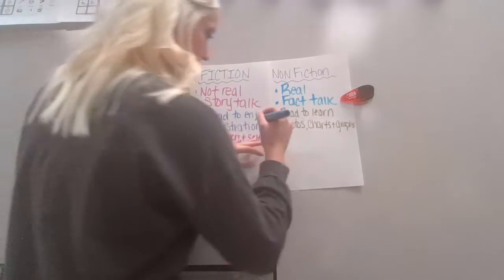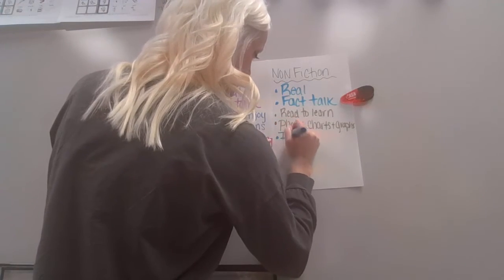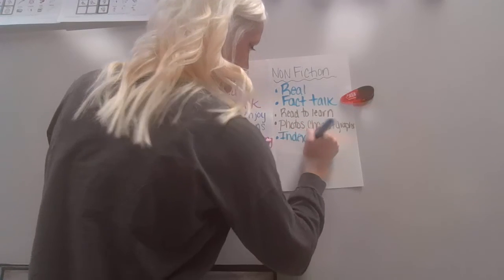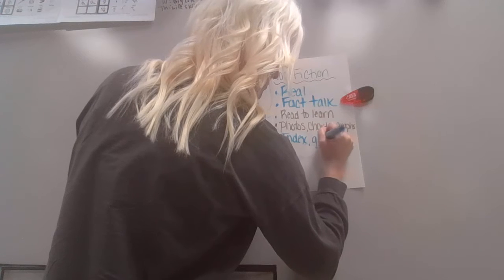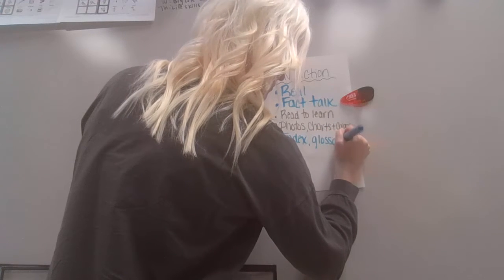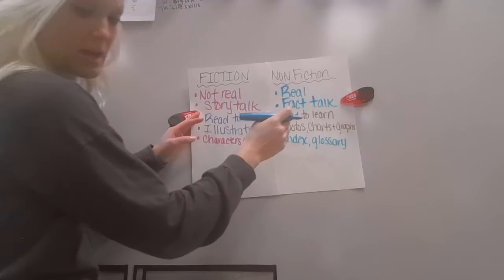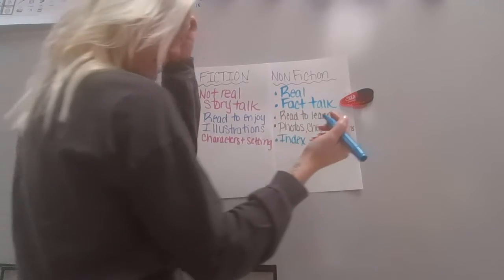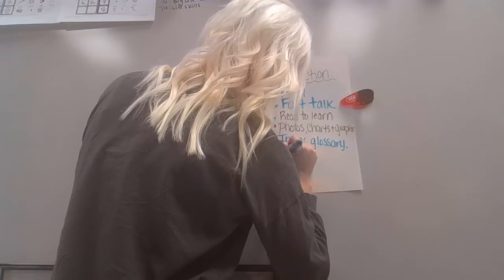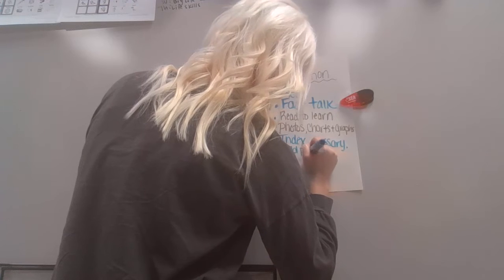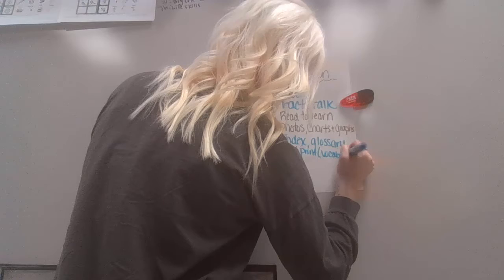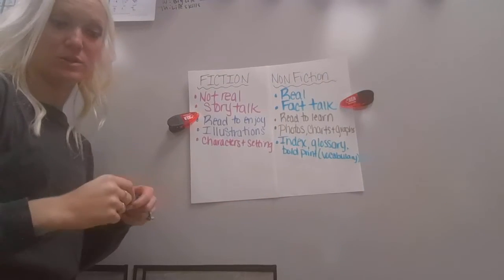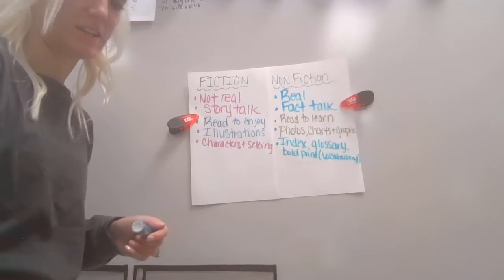So I'm going to put index, glossary, and bold print is one I want to put as well. And I'll put vocabulary. It's probably going to give us vocabulary words when we have a nonfiction text.